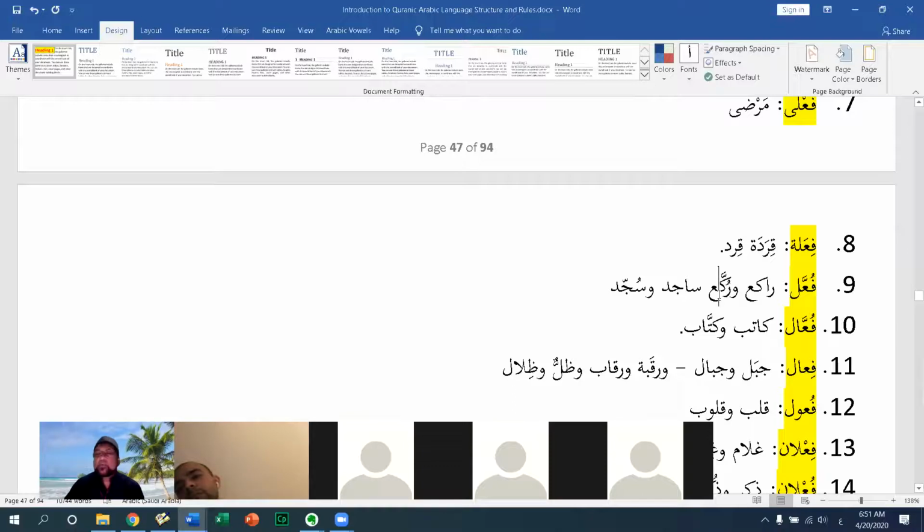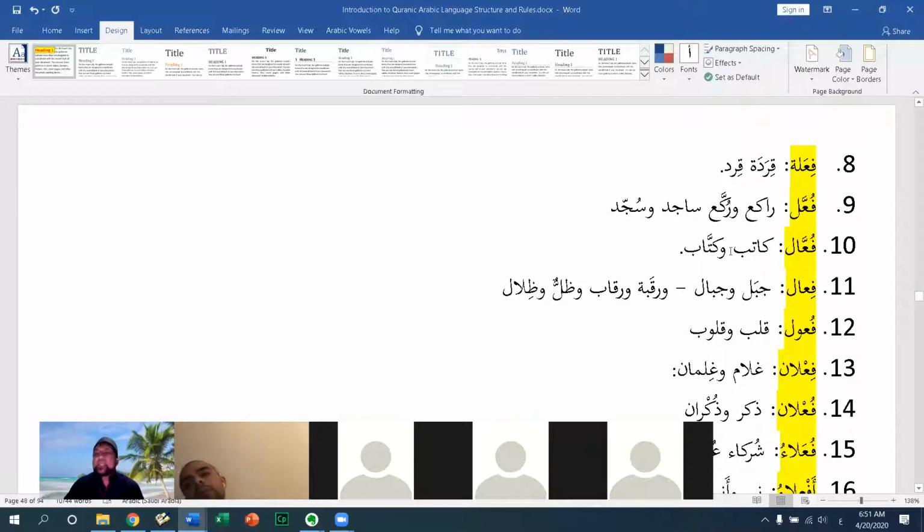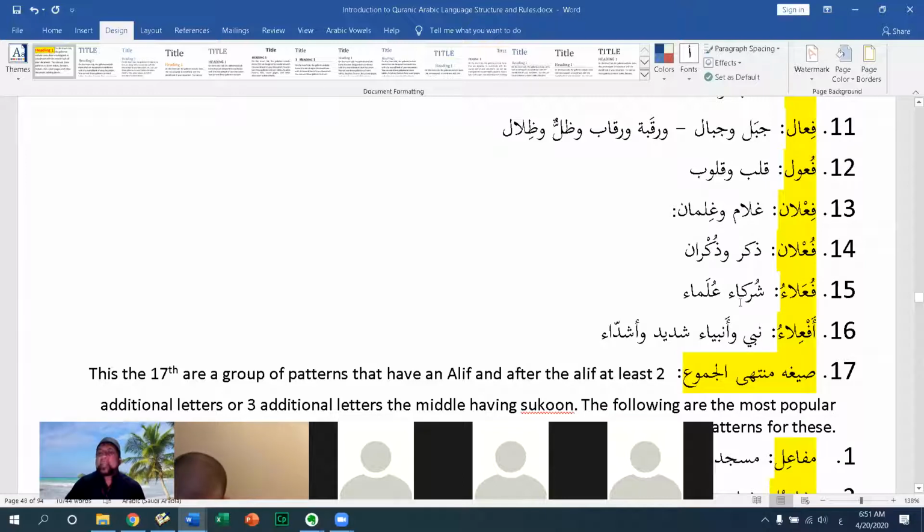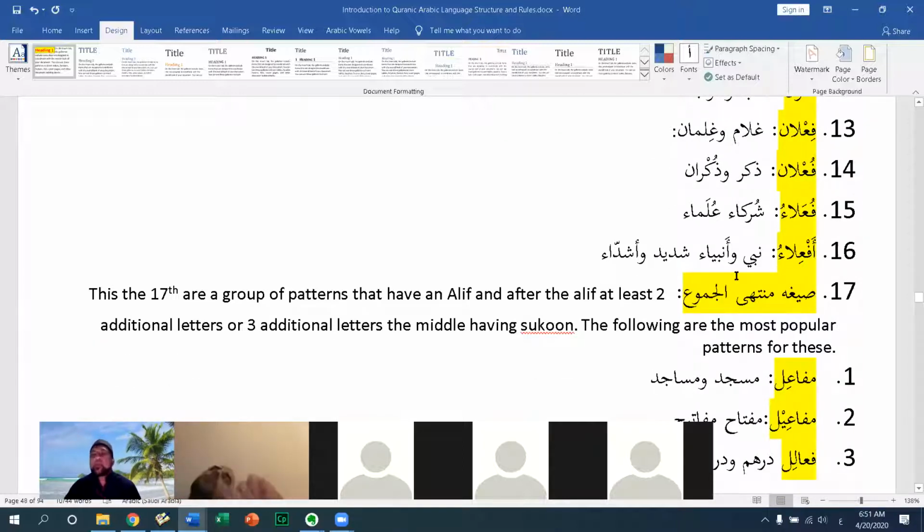Oh, this is in the ending of Surah Al-Fath. تراهم ركعا سجدا, plural of راكع and ساجد. فعال كاتب كتاب is the plural. فعال like جبل and جبال. رقبة ورقاب. وظل وظلال. فعول قلب وقلوب. فعلان غلام وغلمان. فعلان ذكر وذكران. فعلاء شركاء. علماء from شارك وعالم. أفعلاء نبي وأنبياء. أنبياء is on the plural of أفعلاء. شديد أشداء على الكفار. رحماء would be on the same pattern as فعلاء.